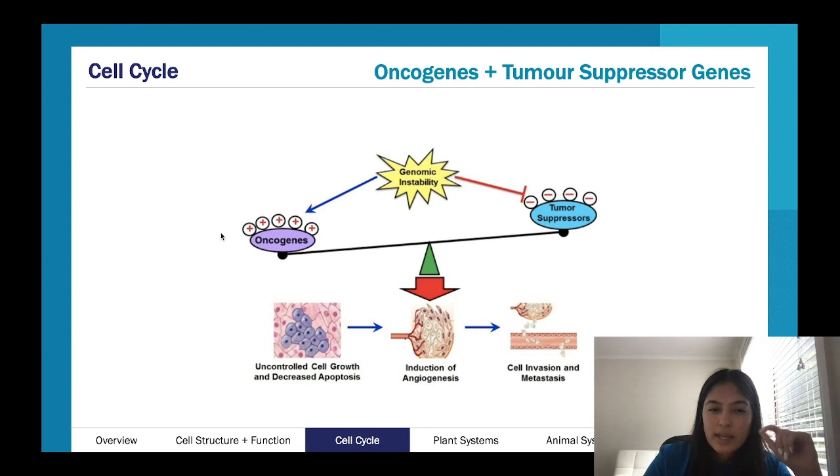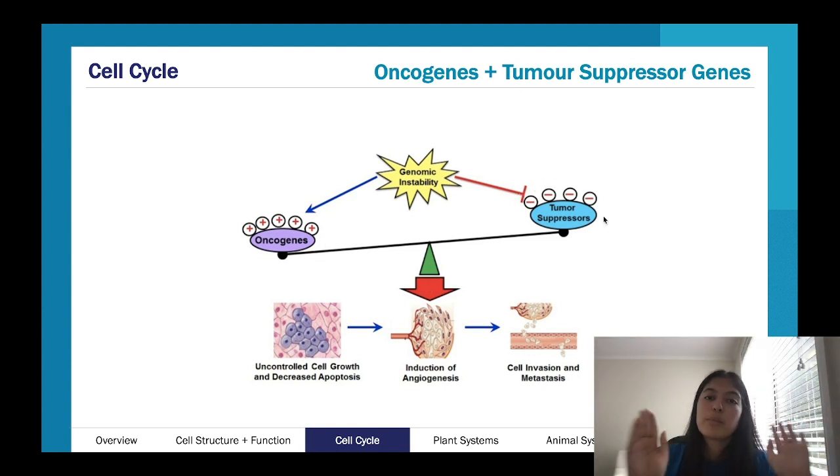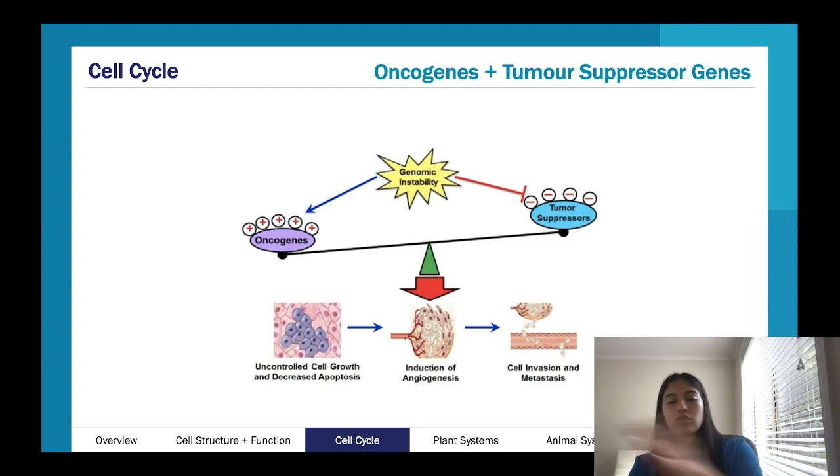So can you see why there's pluses here and minuses here? When a tumor suppressor gene stops working, so it's knocked out, that's when we're led to cancer. And when our oncogenes get activated, that's when they can lead to cancer. The way I think of it is tumor suppressors as the brakes, and oncogenes as the accelerators of a cancer car. If your brakes aren't working, that car is going to drive straight forward.